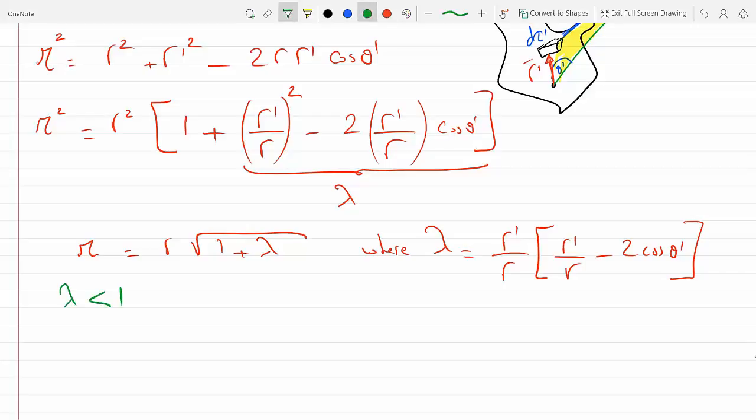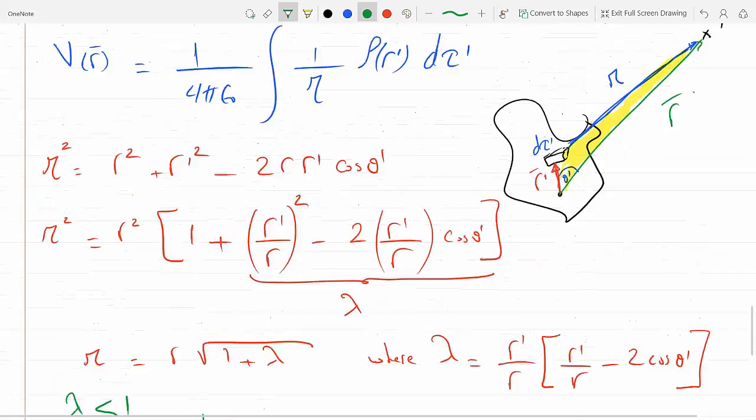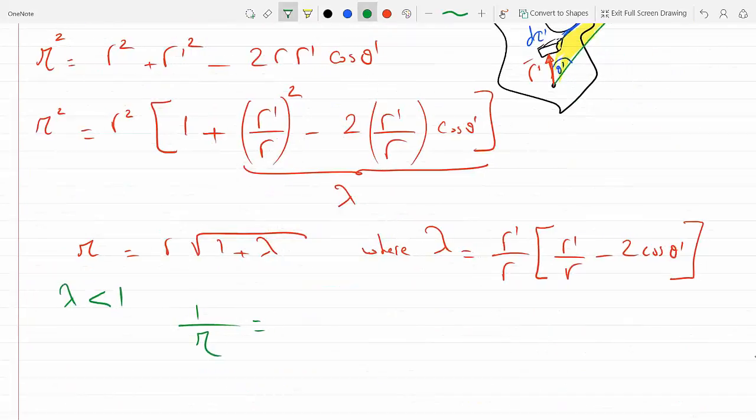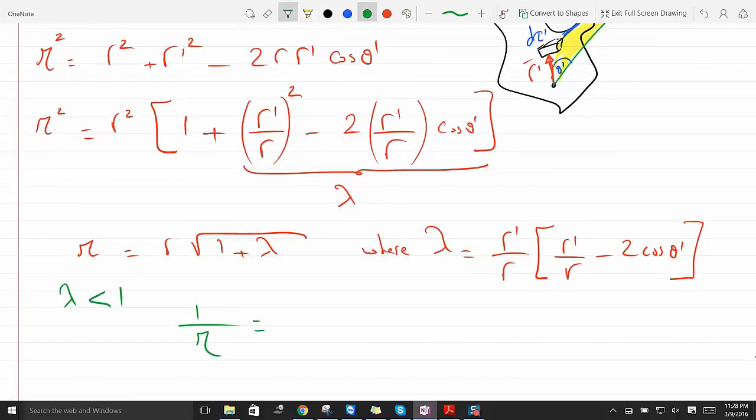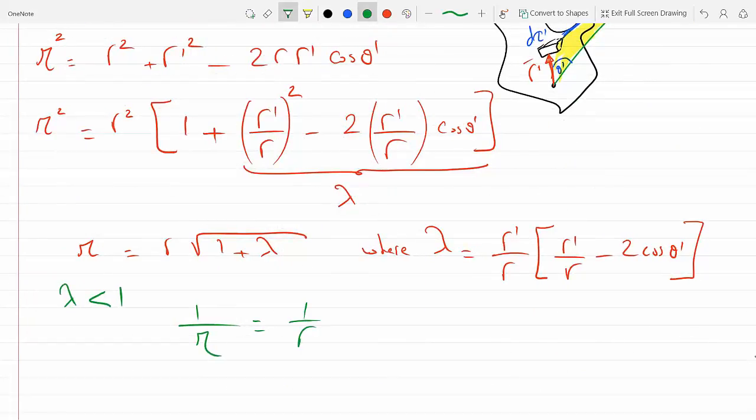Okay, so whenever that happens, you know that you're looking at a binomial expansion. So my separation vector now becomes 1 over the separation vector, because that's what I have in the integral. So let me see what that is. That's 1 over r, and then I have to divide by 1 over square root 1 plus lambda, which is 1 over r times 1 plus lambda to the minus half.